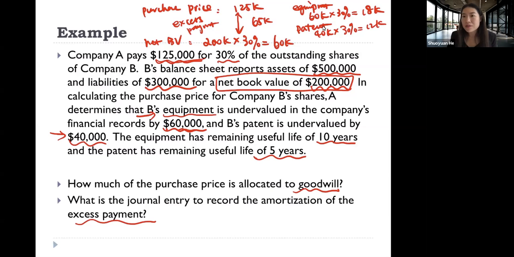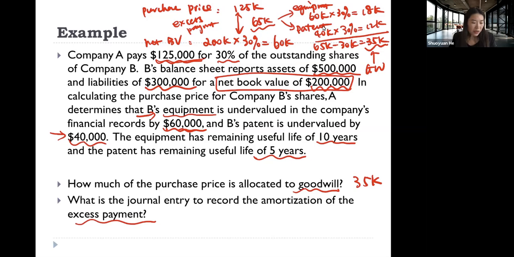So 18,000 plus 12,000 is 30,000, which means that out of this 65,000, we can identify 30,000 and attribute it to the equipment and the patent. The remaining 65,000 minus 30,000 is 35,000. This remaining 35,000 that we cannot identify is called goodwill. So how much of the purchase price is allocated to goodwill? That is 35,000.